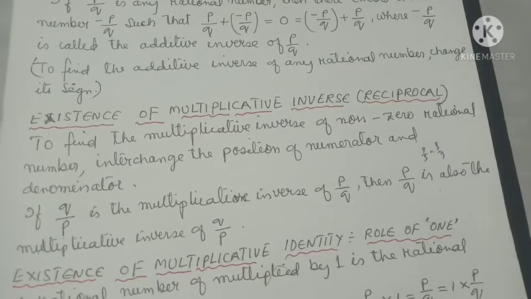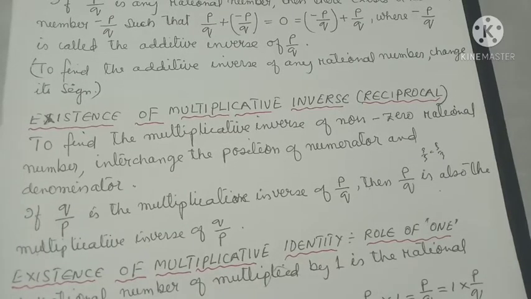Likewise, we have to change the position of numerator and denominator. Or else we can say that the multiplicative inverse is such that when the product of two numbers is 1, they are said to be reciprocal of each other.